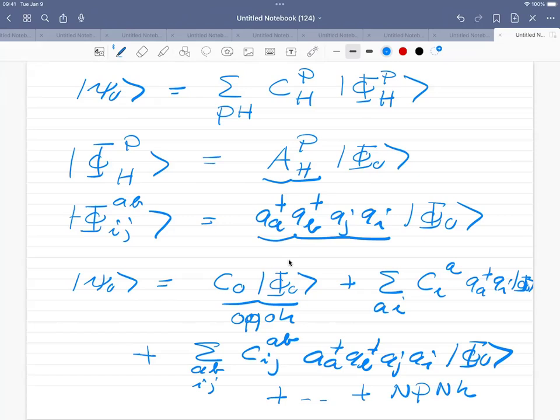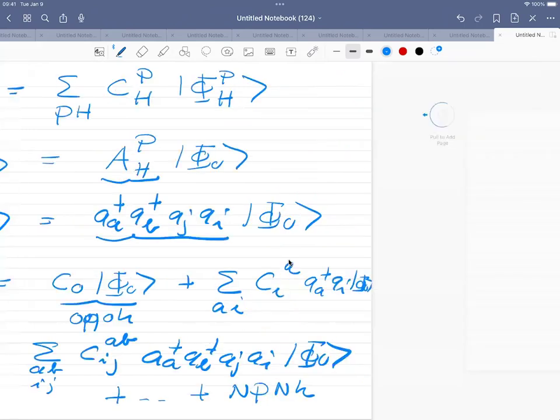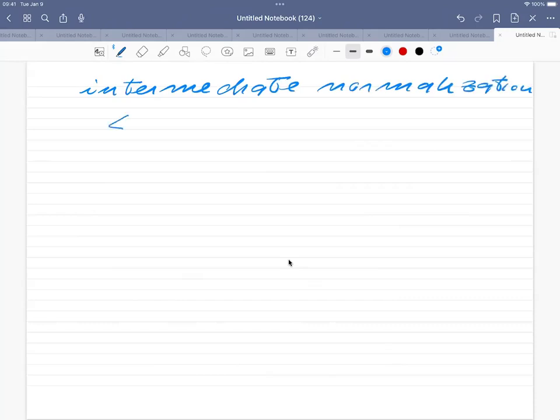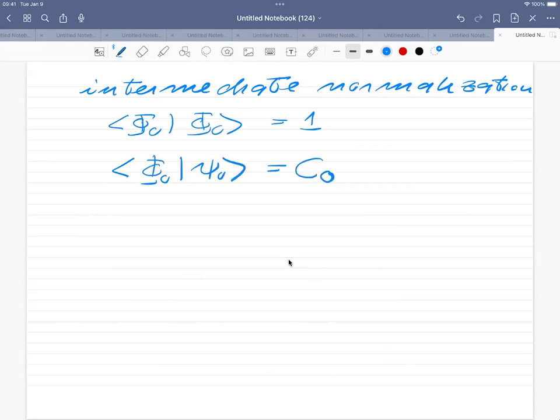And before we take a break, let me just rewrite this in a more compact way. And there is a technique which is called intermediate normalization. We have assumed that the overlap of phi 0 with phi 0 is equal to 1. It's an orthonormal basis. What we have is that the overlap of phi 0 with psi 0, the exact one, is obviously equal to this coefficient C0.